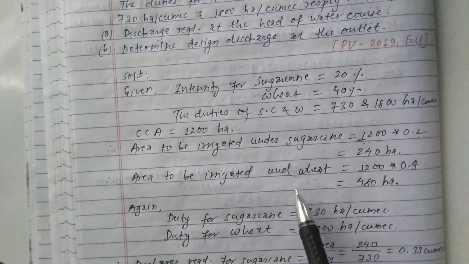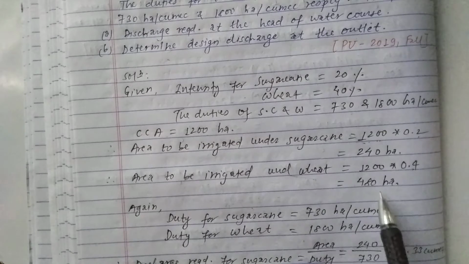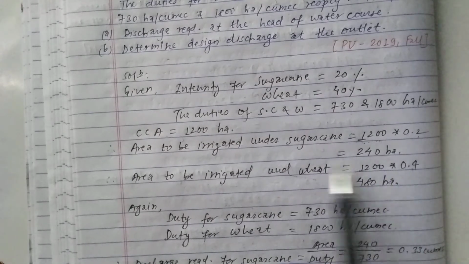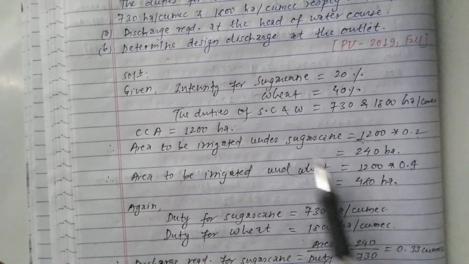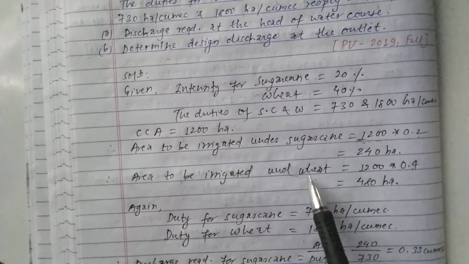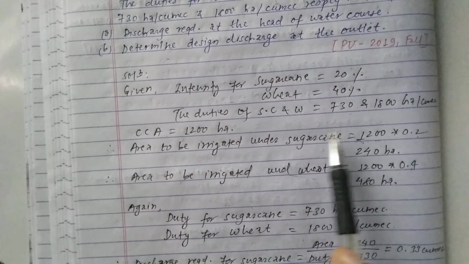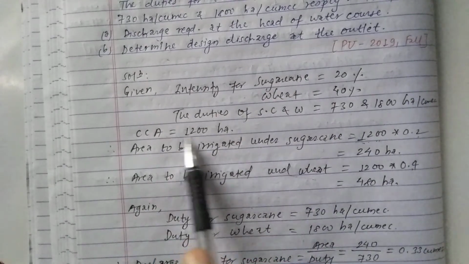So the area calculated for the wheat is equal to 480 hectare. One thing you have to know: after adding these two values for the sugarcane and for the wheat, the value must equal the total value of the cultivable command area, that is 1200.